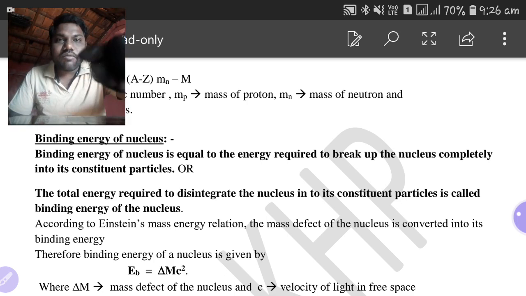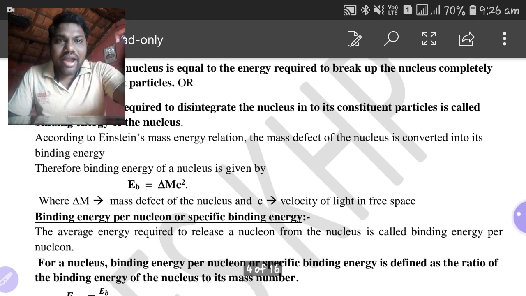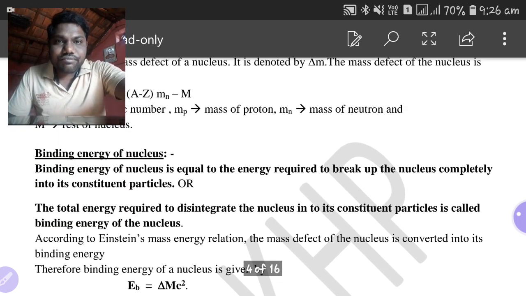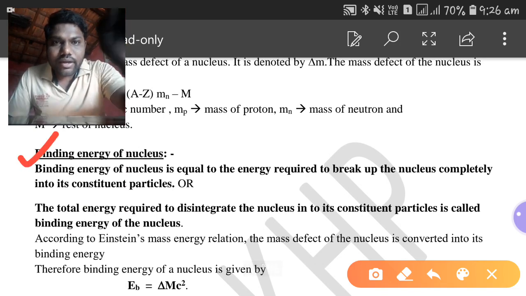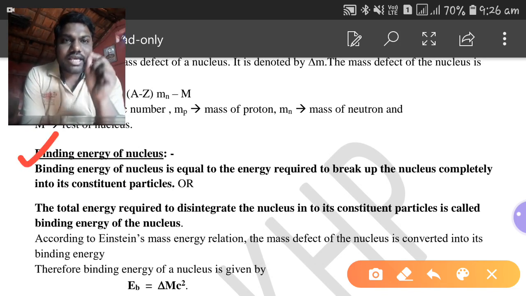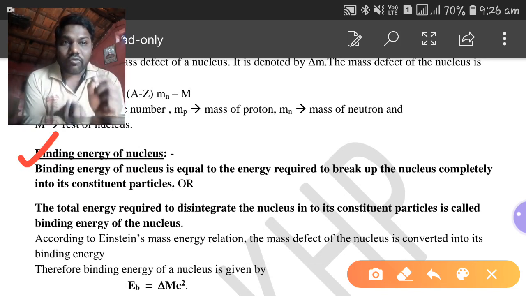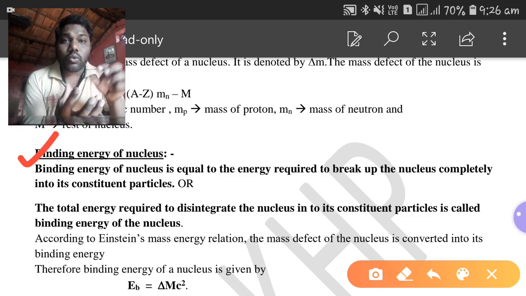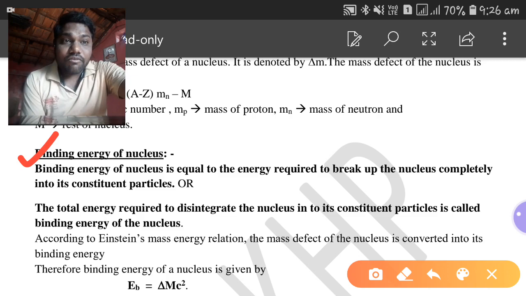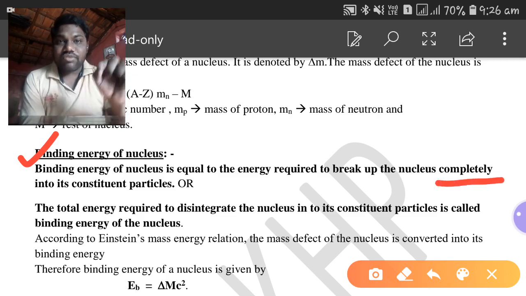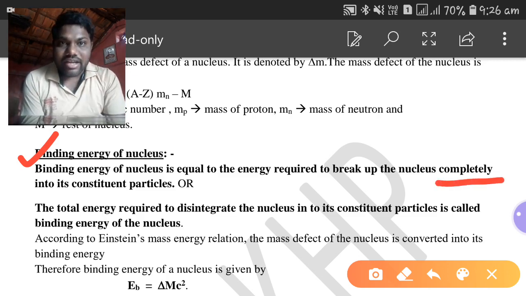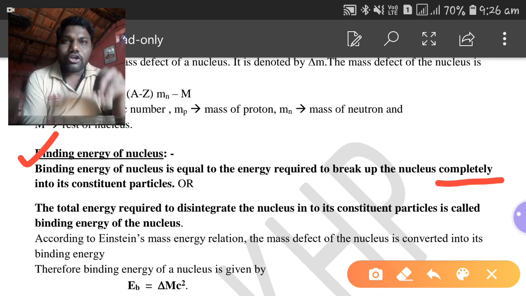The definition is given here: the binding energy of a nucleus is equal to the energy required to break up the nucleus completely, look at the word completely, into its constituent particles, that is, constituent nucleons.